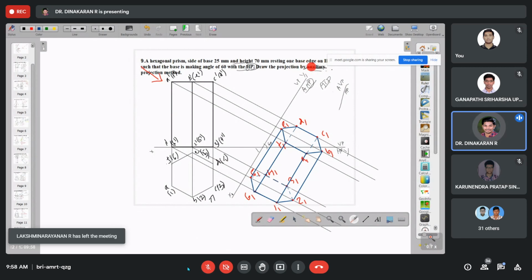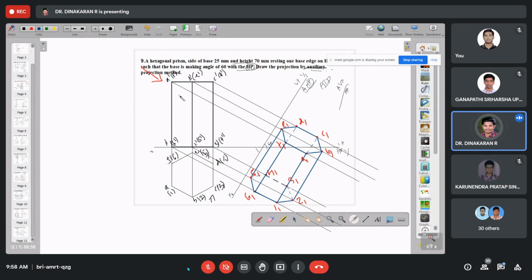Change of reference line and auxiliary are the same. For change of position we need to change the solid with respect to angle. But in change of reference line or auxiliary method, we need to create a new reference line. So X1, Y1 is the new line, and the normal XY line is the old line, VP and HP. With that we draw a simple position.